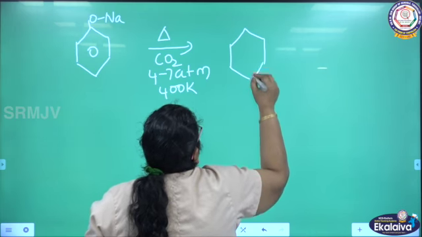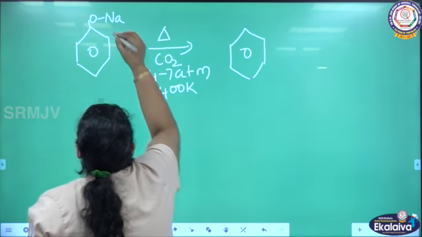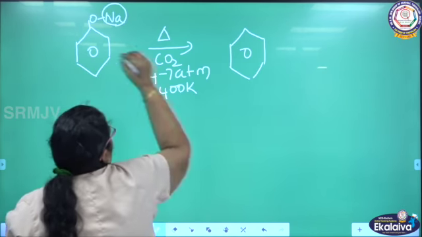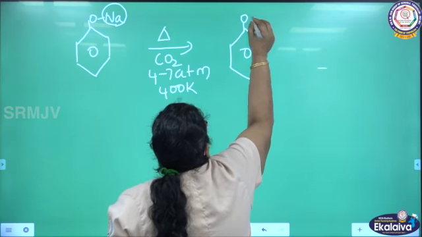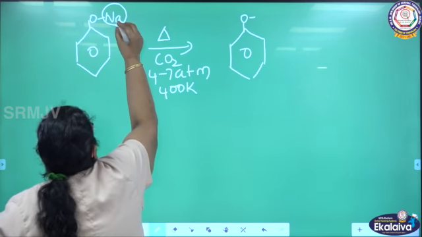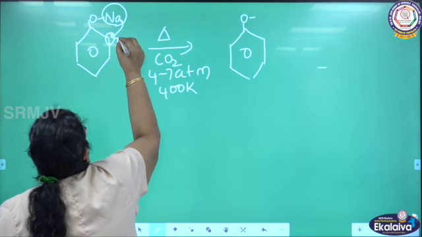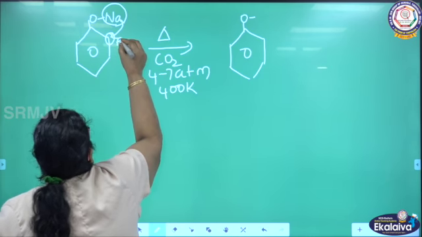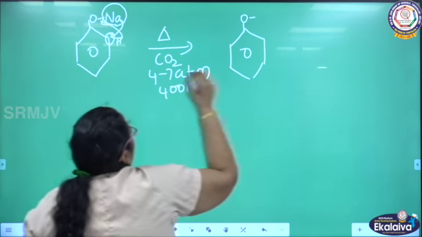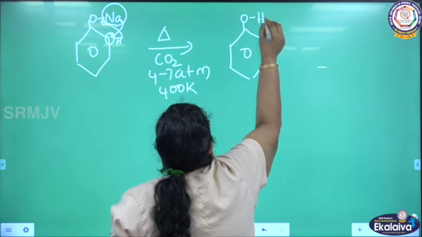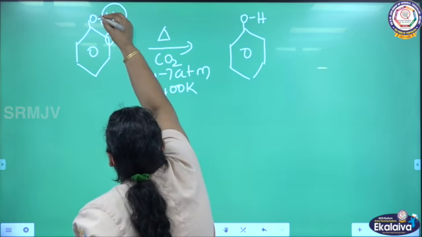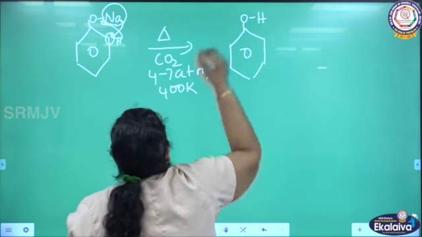Draw the benzene ring. Listen here, Na is removed from here, so it will have only O minus. This Na is removed and substituted here. In this place, hydrogen is removed and this hydrogen is substituted here. So, what you will get? OH. Hydrogen from this carbon is eliminated and added to oxygen.